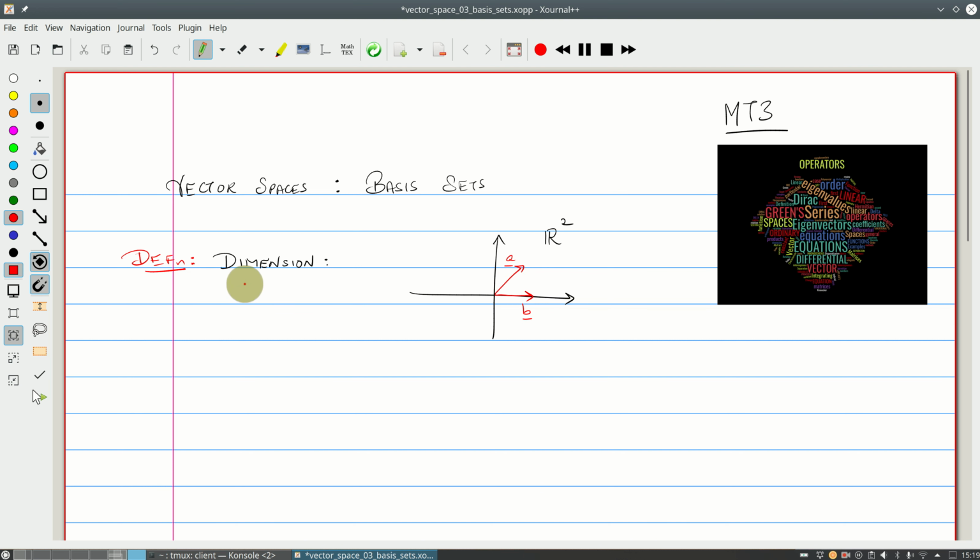So the dimension then is defined as the maximum number of vectors.